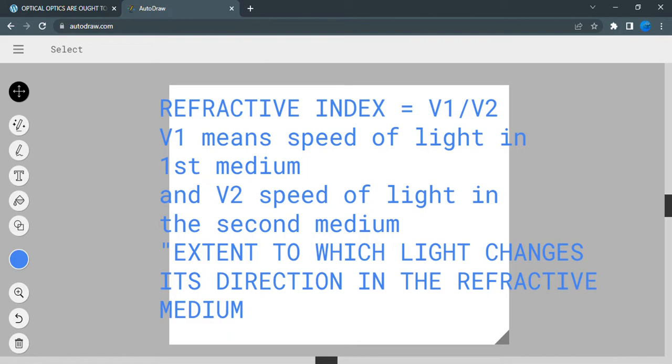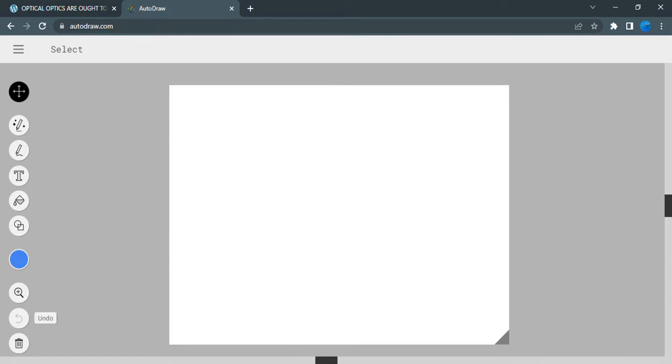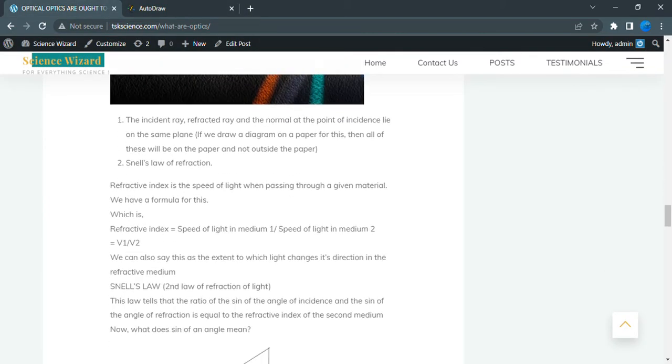Now, let's come to the second law of refraction of light, which is Snell's law of refraction.